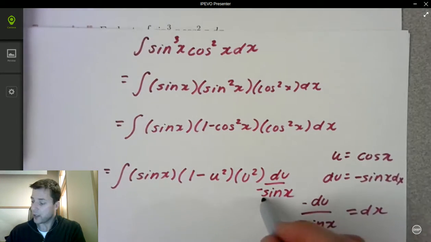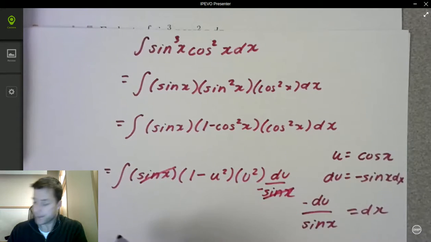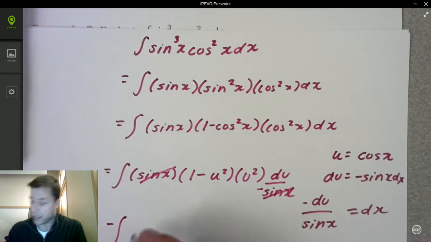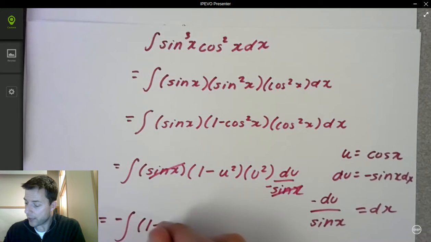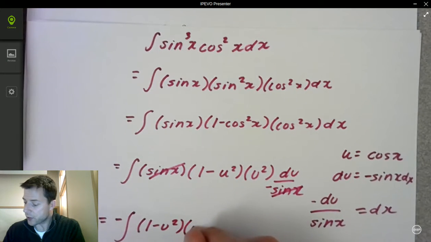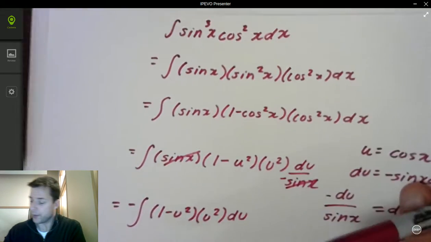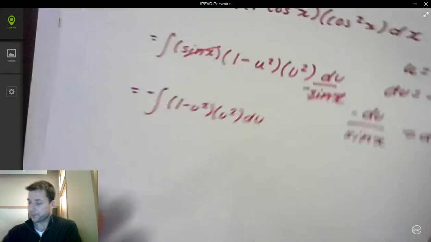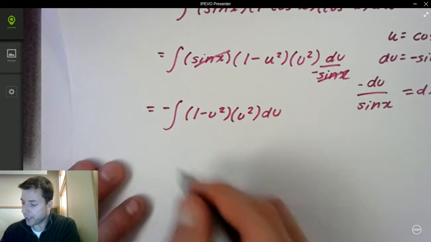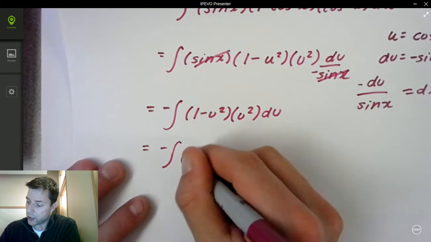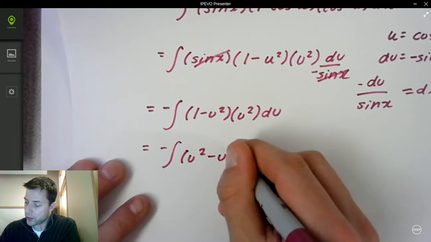We're going to be able to cancel the sine of x, bring the negative out front, and then we're integrating 1 minus u squared times u squared du. So we multiply that through, and we get negative the integral of u squared minus u to the 4th du.